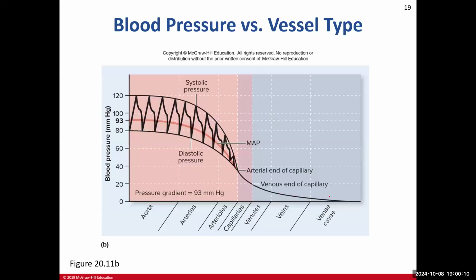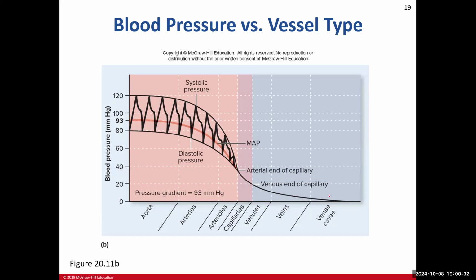So this brings us into, I say, the good stuff, because we're going to start getting into blood pressure and what is occurring, the purpose of blood pressure and blood flow and whatnot. This figure here, I'm going to be going back to quite frequently.